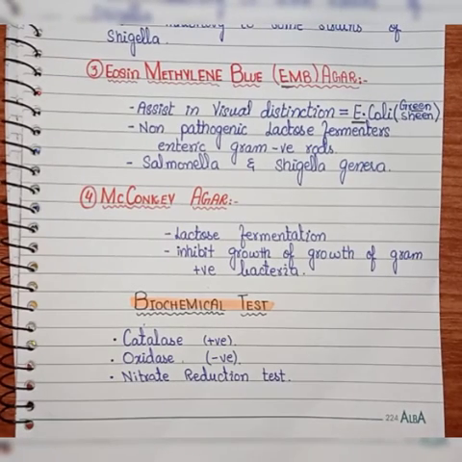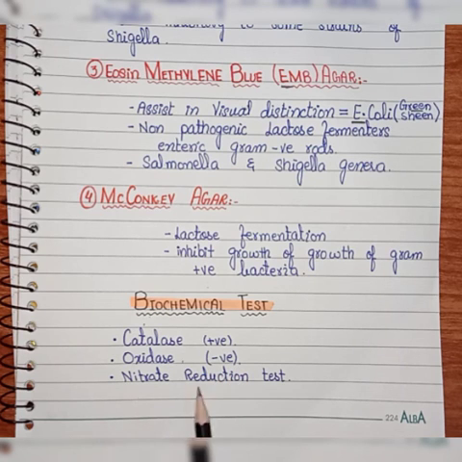Now, let's move to the biochemical test. In the laboratory, we will also perform the biochemical tests for all the Enterobacteriaceae family. First, we have the catalase test, that is always positive for all the gram-negative rods. Second, we have the oxidase test, that is negative for Enterobacteriaceae family, but only for the Pseudomonas it is positive.